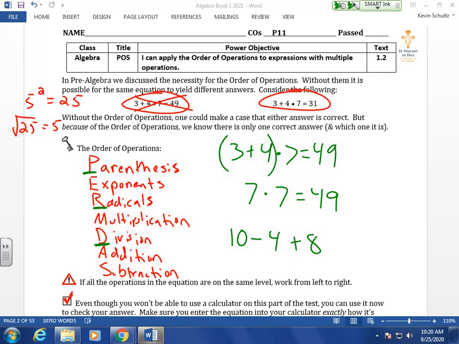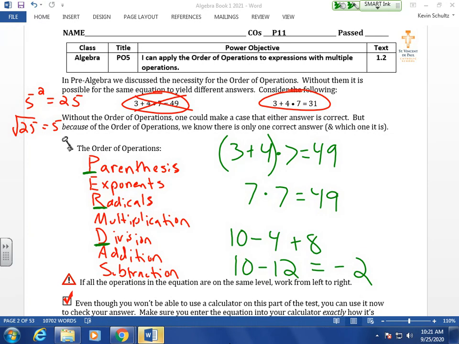Some people might look at this and say, okay, 10 minus 4 plus 8, PERMDAS, I've got to add first. So 4 plus 8 is 12. So we get 10 minus 12, which equals negative 2. Why is that wrong? I mean, the order of operations says addition before subtraction. So, yeah.